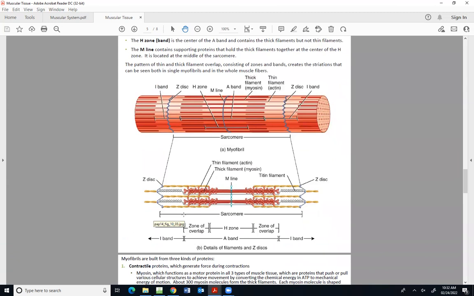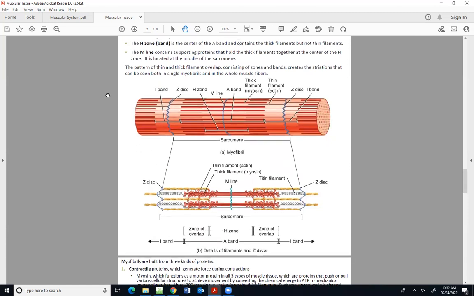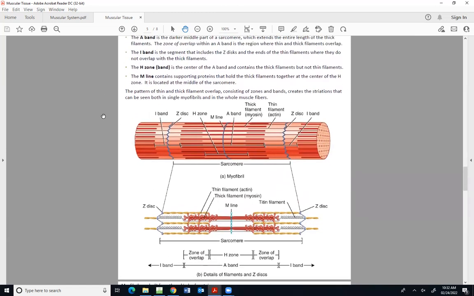Whereas the I band, we can see there are two of them, one on each side of the sarcomere. I bands are where there are only thin filaments, with no overlap with the thick filaments. An I band actually spans across two sarcomeres.